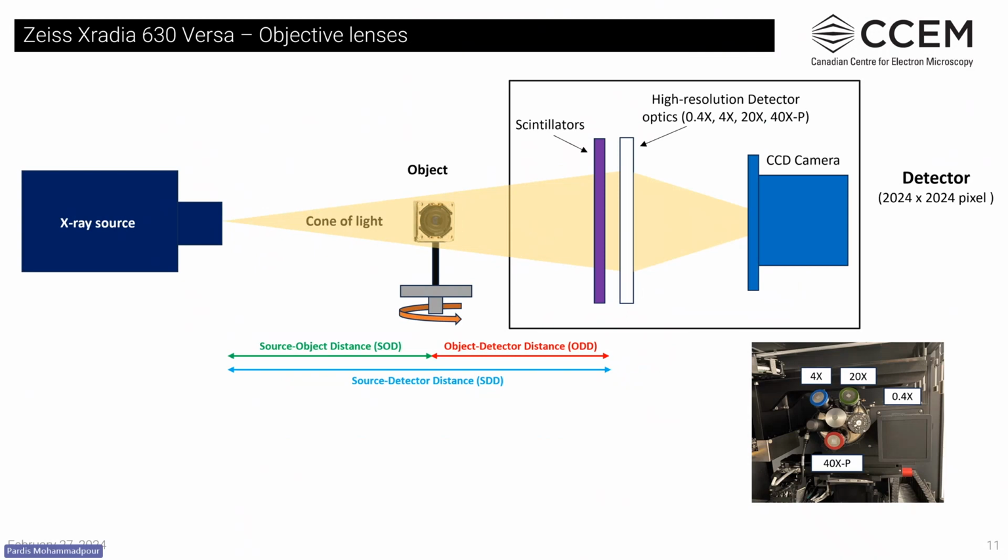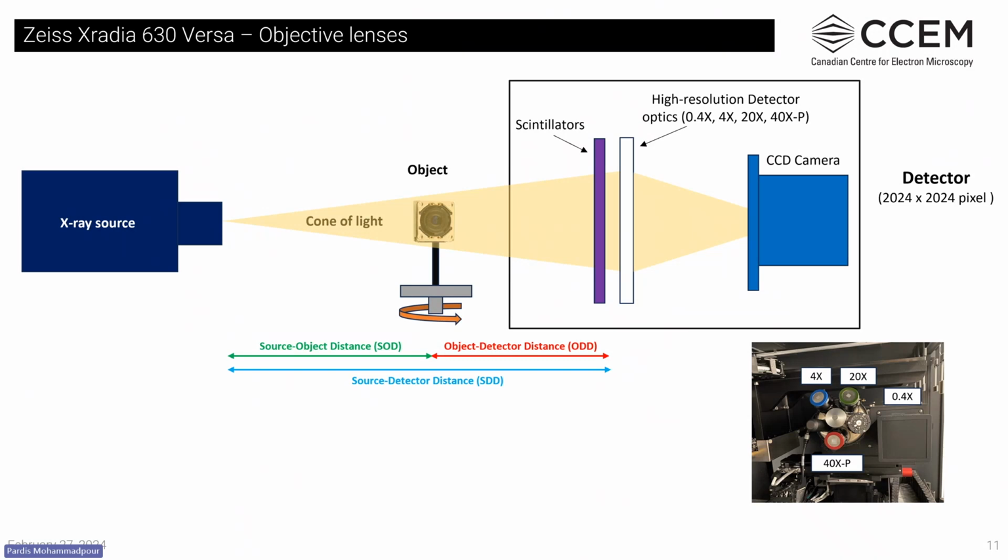The objective detectors are a combination of scintillators, again, to convert the X-ray into visible light, combined with high-resolution detector optics and a CCD detector capturing the visible light image. The detector has 2024 by 2024 pixels at the maximum binning in this system.